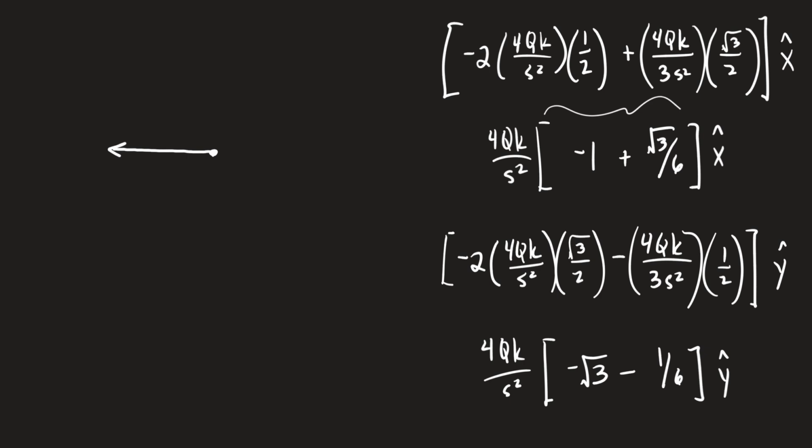Right now, this is -1 plus √3 over 6, so that's in the negative x direction. And this one is going to be -√3 minus 1/6. So we need the hypotenuse and the angle. I think tangent's going to give us the angle, and I think Pythagoras is going to give us the hypotenuse.